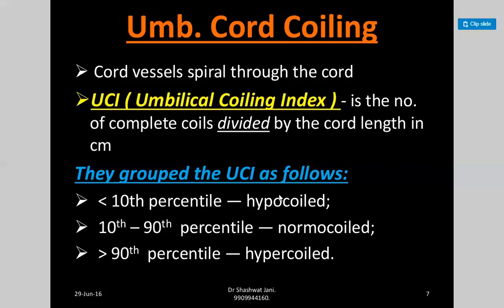Now, what is a normal coil? For a cord of about 50 to 60 centimeters, normal is about the 10th to 90th percentile, hypocoil is less than the 10th percentile, and hypercoil is more than the 90th percentile. That is the criteria.